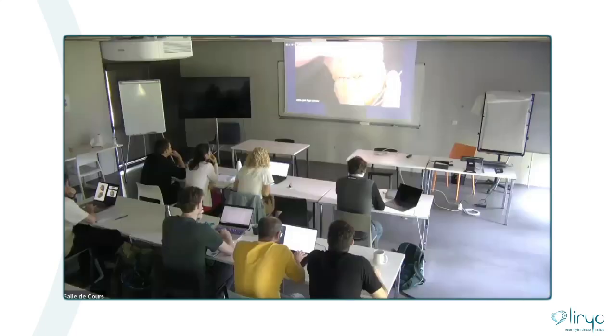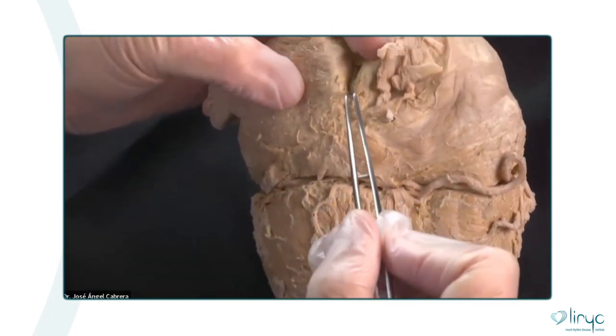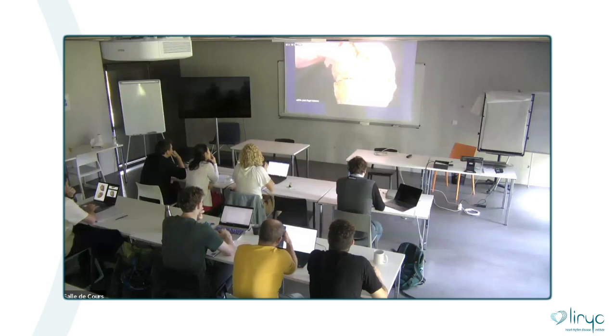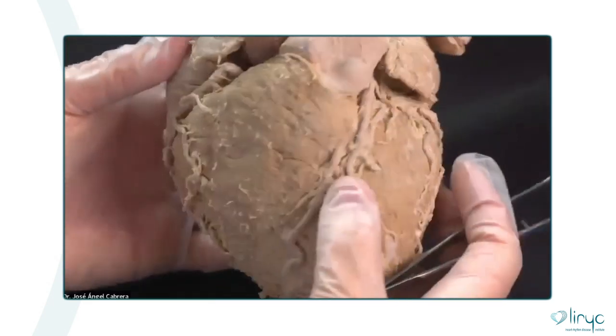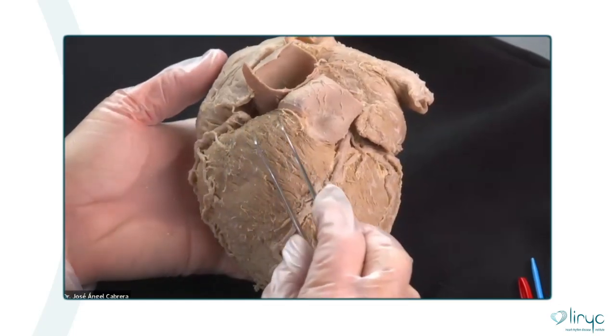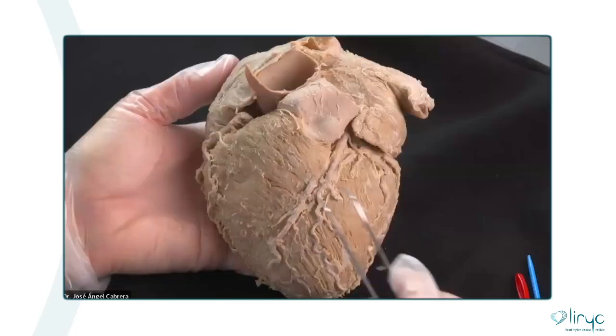And here you see the inferior interventricular groove, the interatrial groove that is only one and is posterior, and the left AV groove. And we can see different components of the right and the left ventricle. We are going to see the inlet, the outlet, and the apical component for both the right and the left.